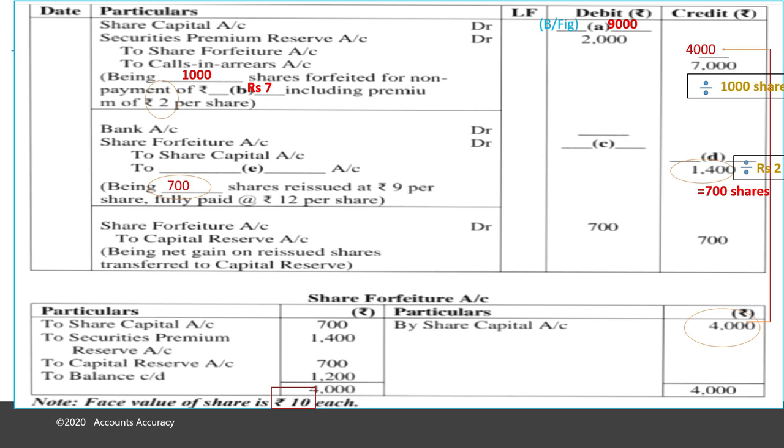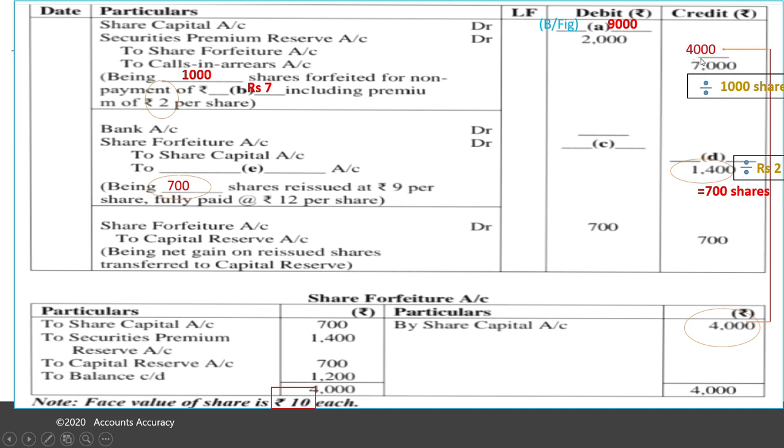If you have not understood, you may repeat my video in order to understand it again. But still, I am going to give a recap. The forfeiture value is 4,000. You have to copy it from the forfeiture ledger, and this will be 4,000. Now your credit side comes to 11,000, that is 4,000 plus 7,000.